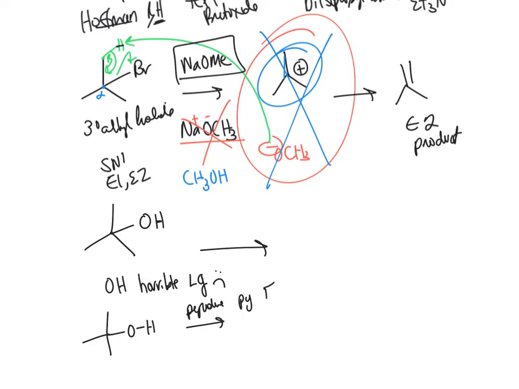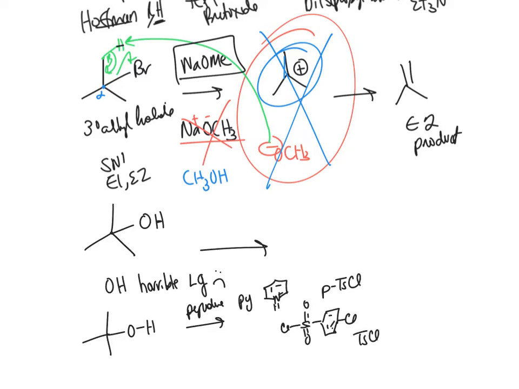Sometimes you'll see it like this. This is pyridine. You use a base, and you add tosyl chloride. This is tosyl chloride. So sometimes you'll see tosyl chloride, something like that, or TsCl.